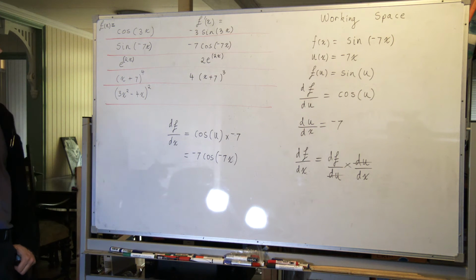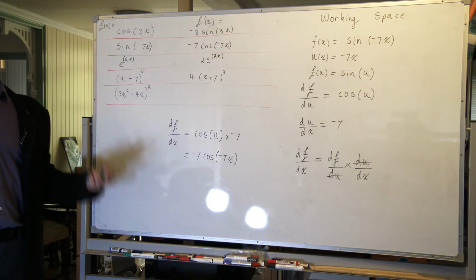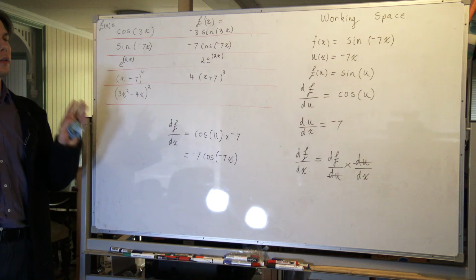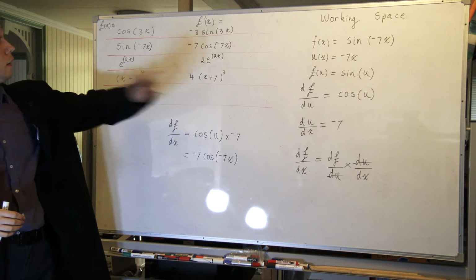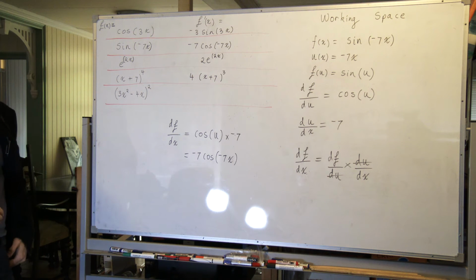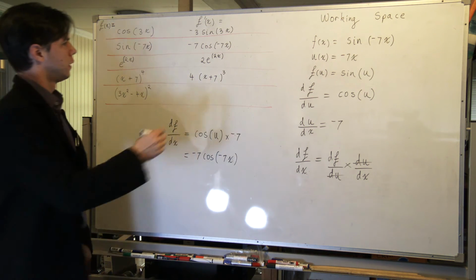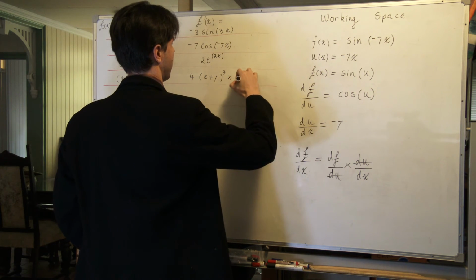And then we multiply everything, because it wasn't x to a power, it was some bracket thing to a power. We multiply everything by the derivative of the bracket, which is 1. So no change there.